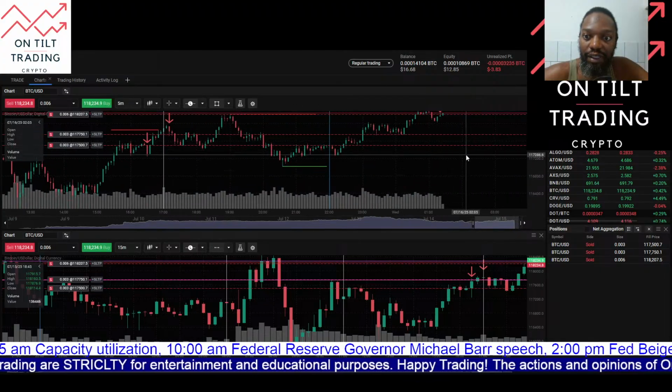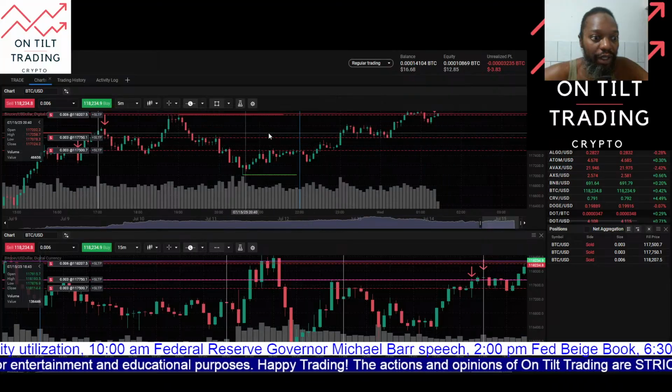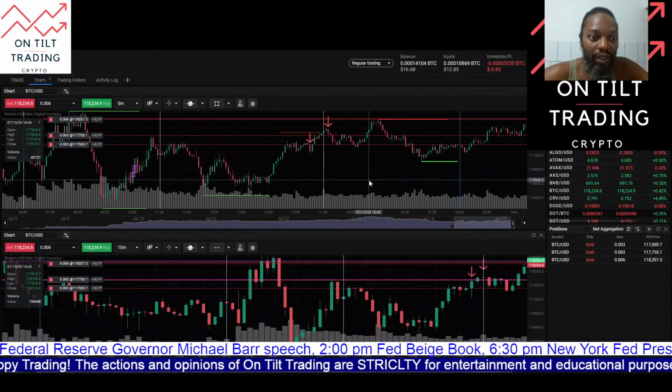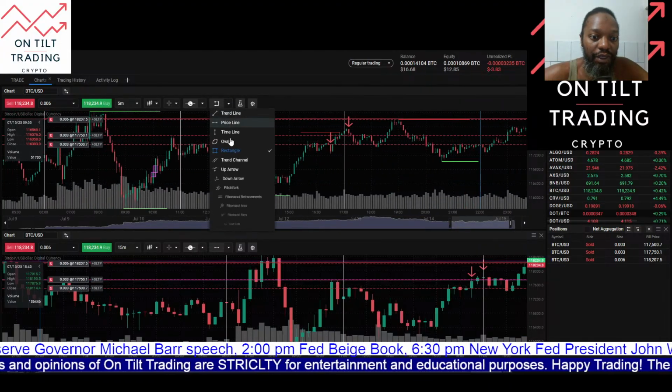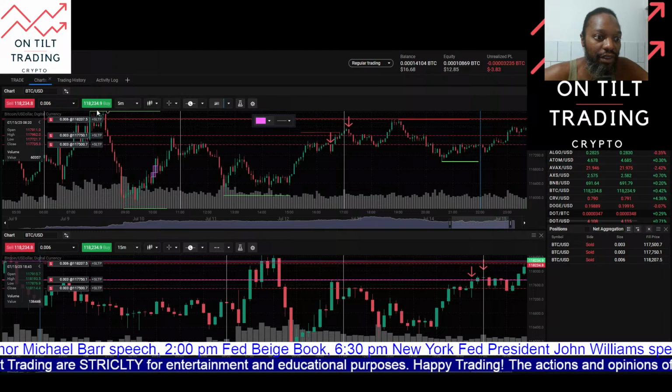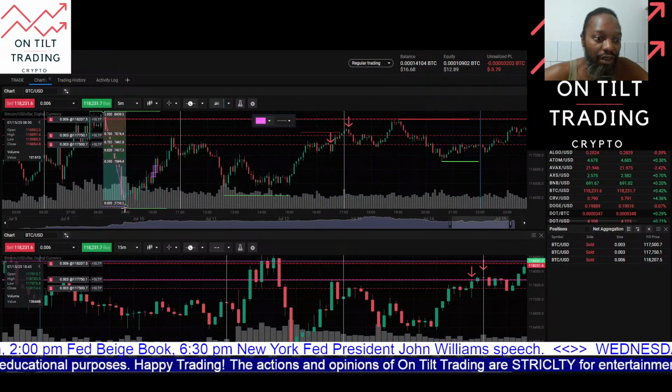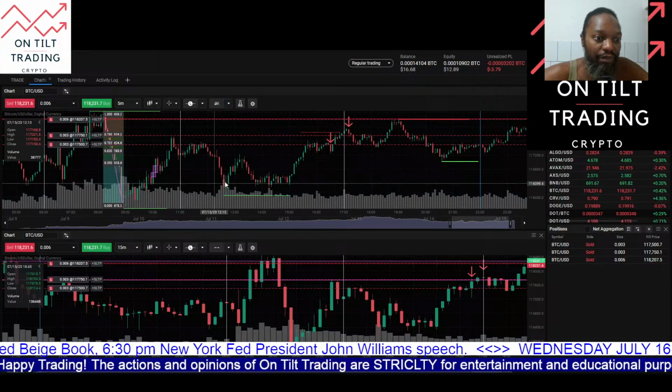into Frankfurt and London, price is basically consolidated here in this upper range, or if we put the Fibonacci retracement tool up, you can see that price has been trading in an area of premium.